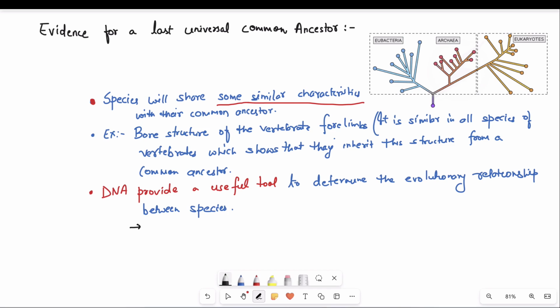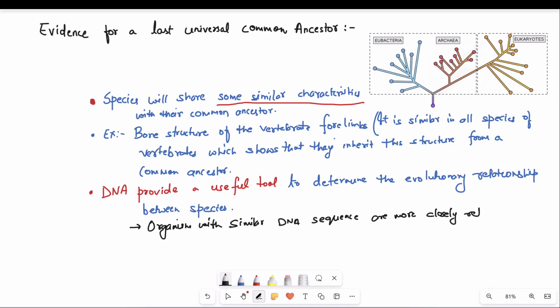The first information you will get is that organisms with similar DNA sequences are more closely related.